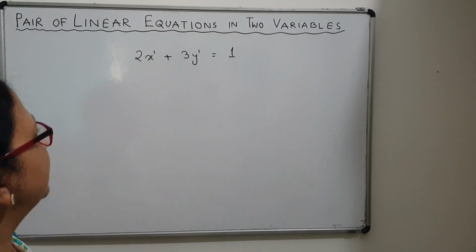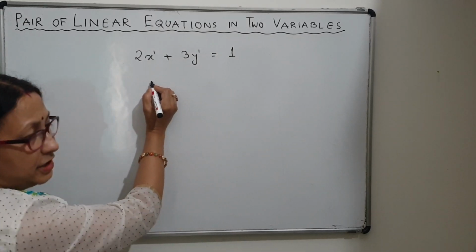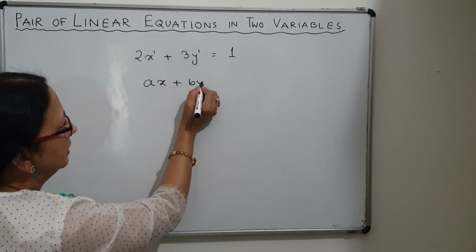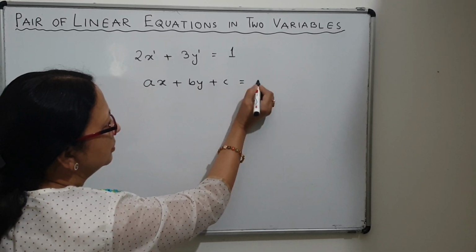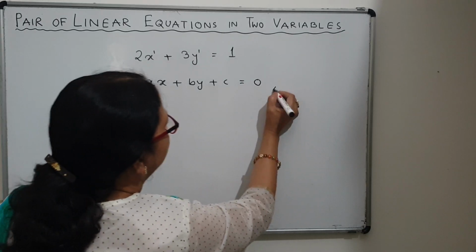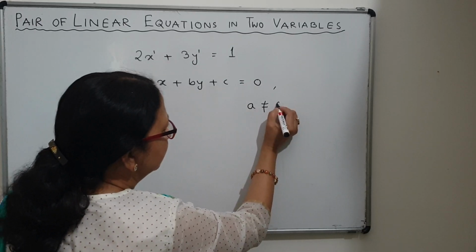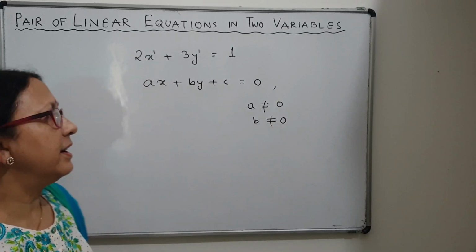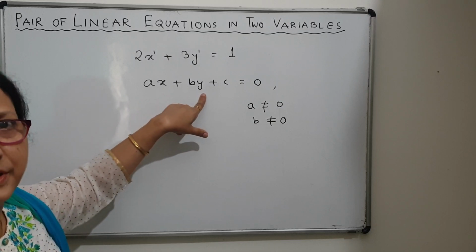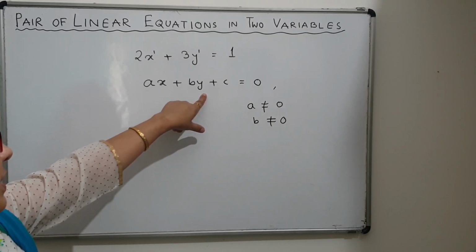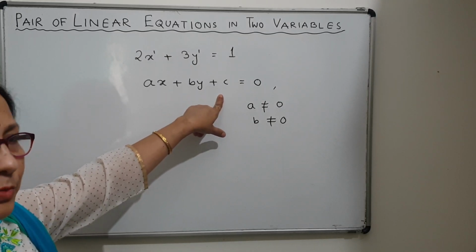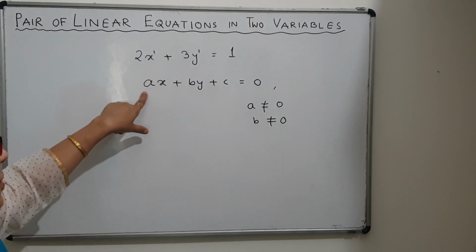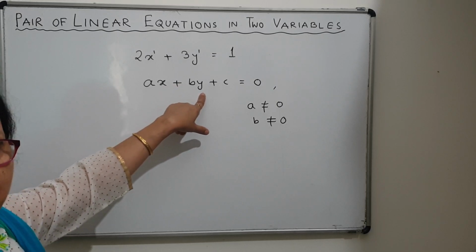The general form of a linear equation in two variables is ax plus by plus c is equal to 0, where a cannot be 0 and also b cannot be 0, because if they are 0, these two variables will not be there in the equation. Then the equation will no longer be in two variables, it will be in one variable. If b is 0, it will be in one variable x, and if a is 0, it will be one equation in one variable y.